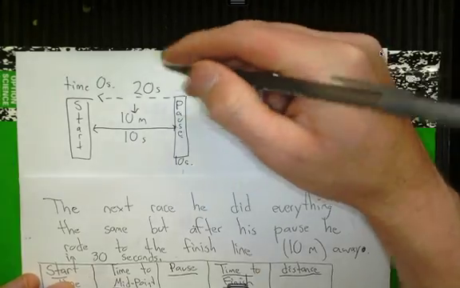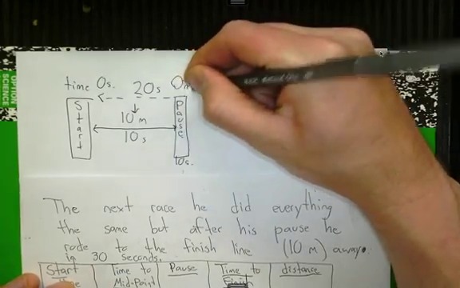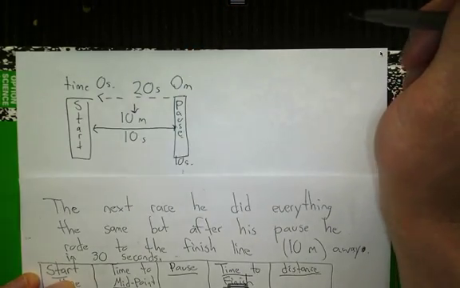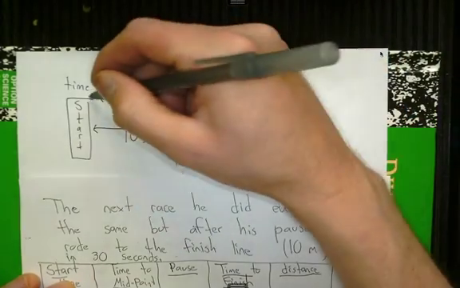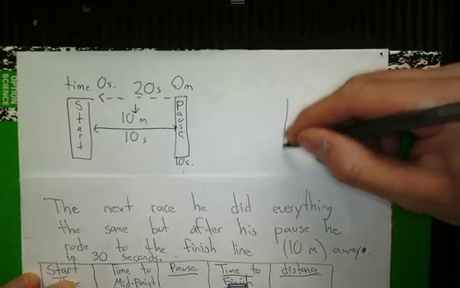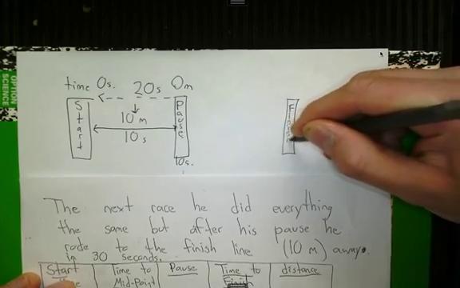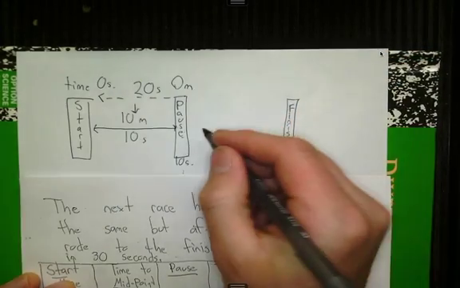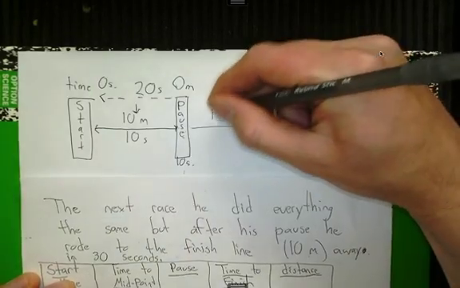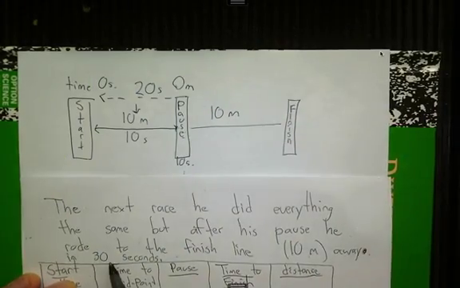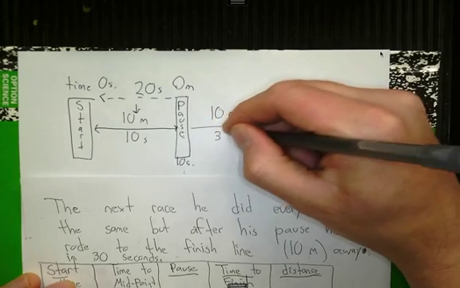While he paused, we didn't write it last time, but he went 0 meters. He did not go anywhere. But now, instead of going back, he's going to keep going to the finish line. The finish line is 10 meters away, and it takes him 30 seconds to get there.